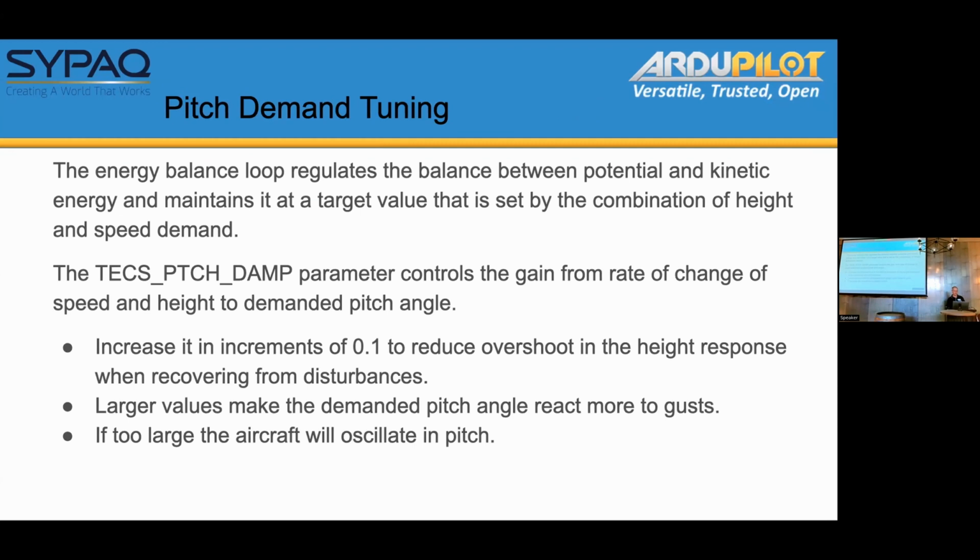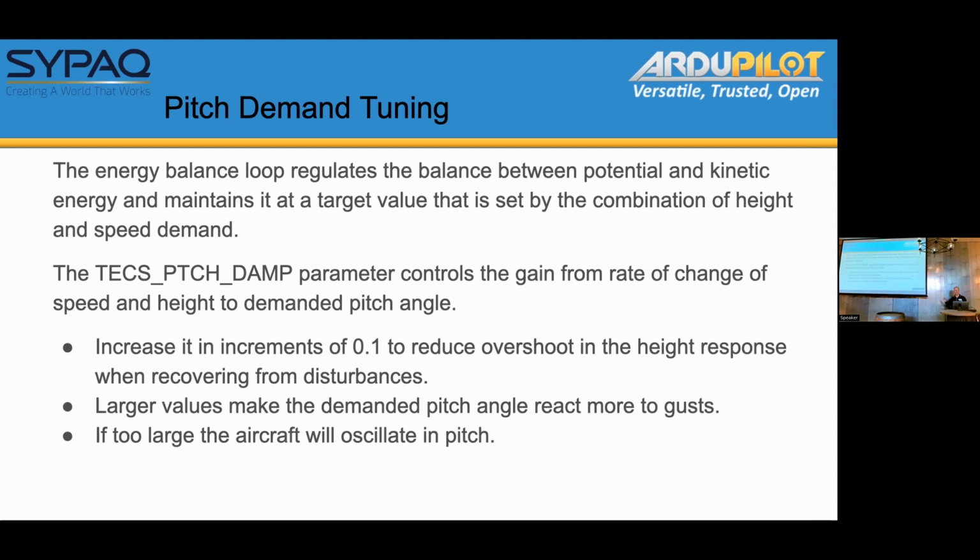Okay, now pitch demand tuning. The pitch demand controls the exchange of energy between potential and kinetic, and there's very little that you really need to do with the pitch loop except potentially adjust the damping parameter.